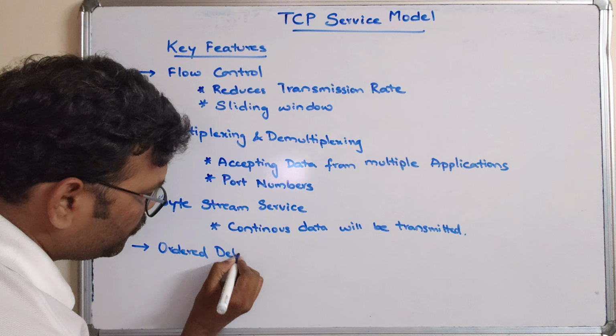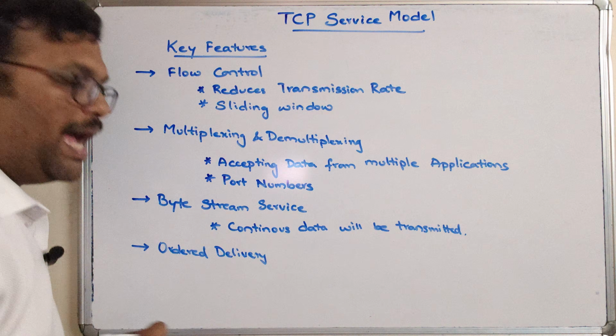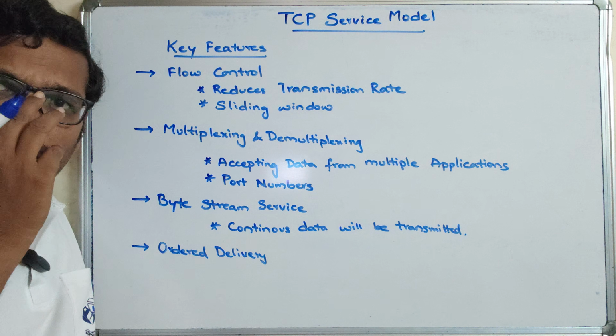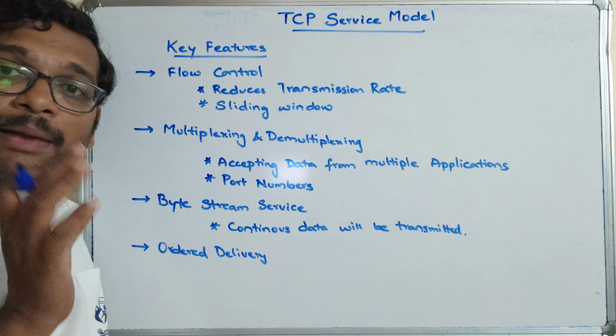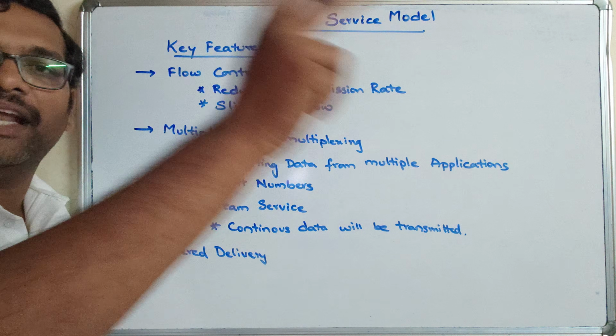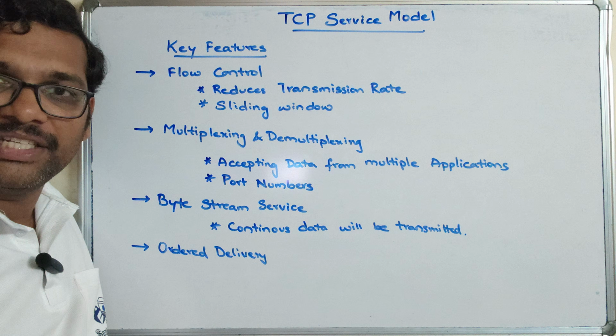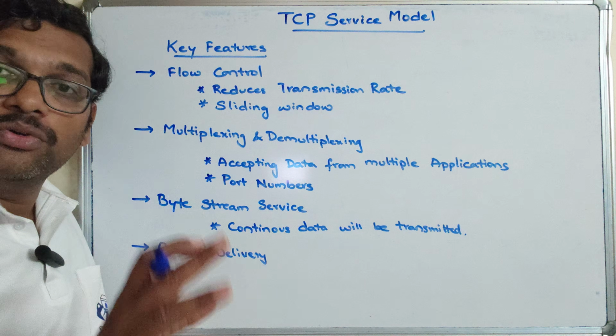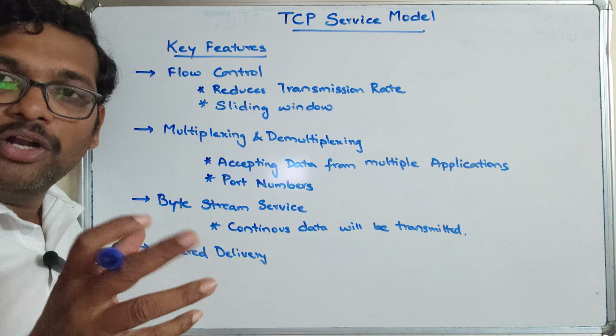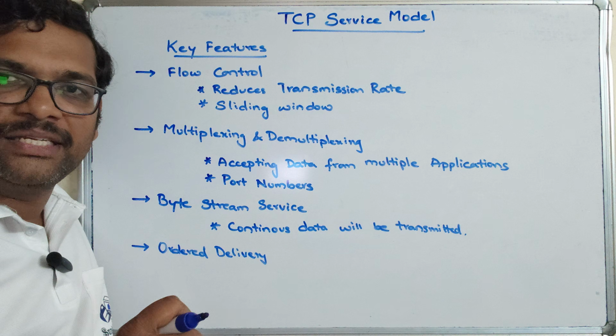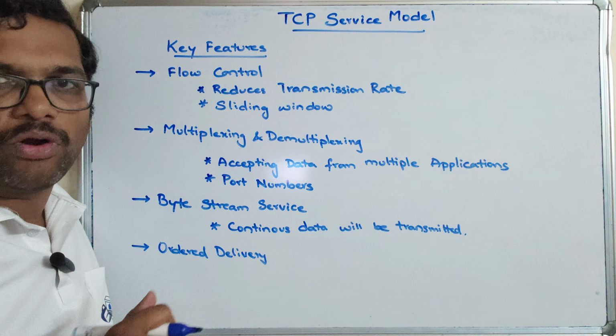Next, ordered delivery. This is also very important. As this is connection oriented, if the data has been sent in some order, in the same order the data will be received at the destination. If not, it will use the sequence number concept to arrange the received packets in the same order.